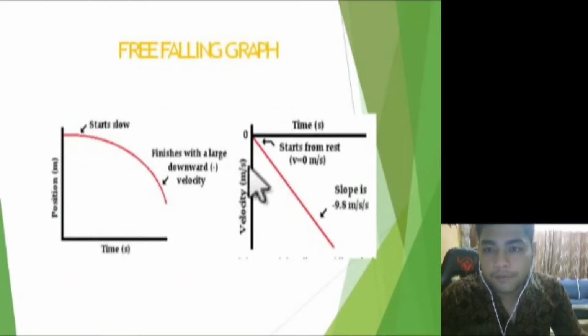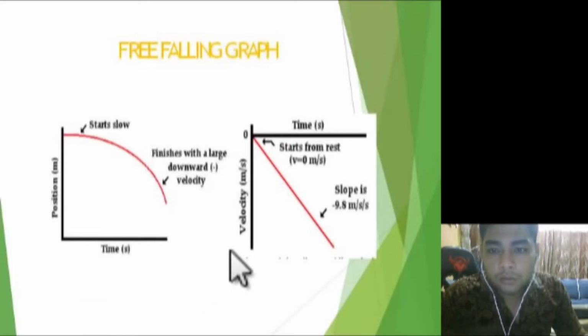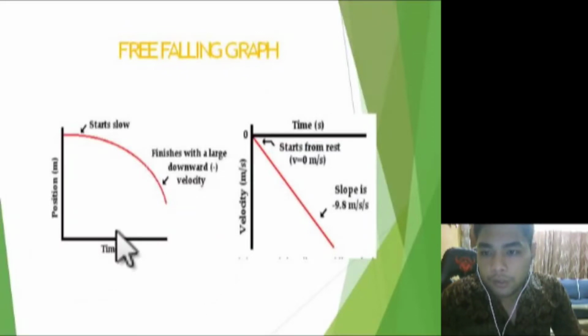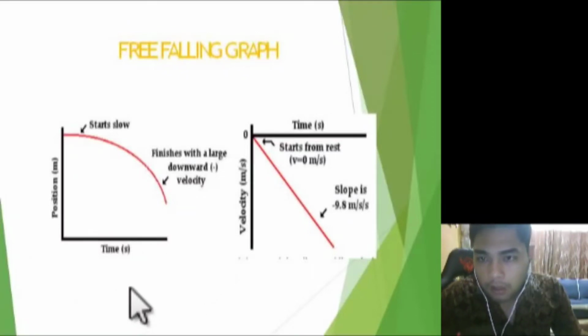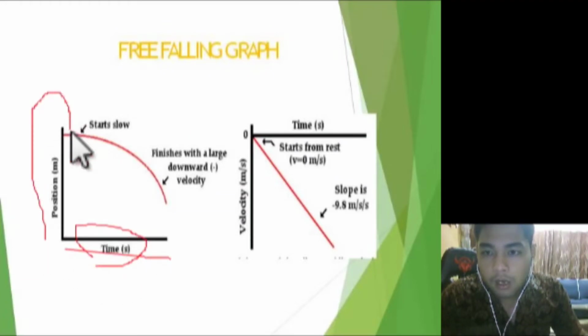Next, free falling graph. There are two graphs showing the free falling. This is time, and for the y-axis is position.